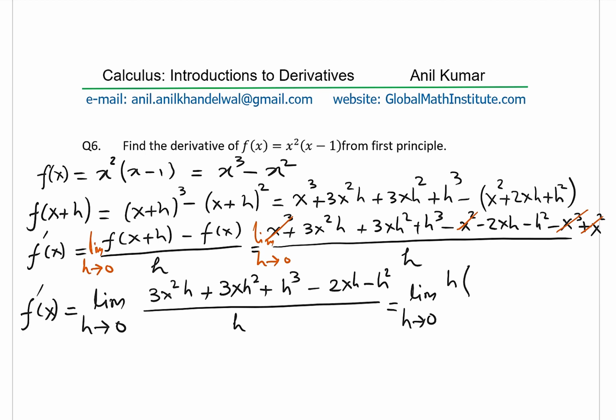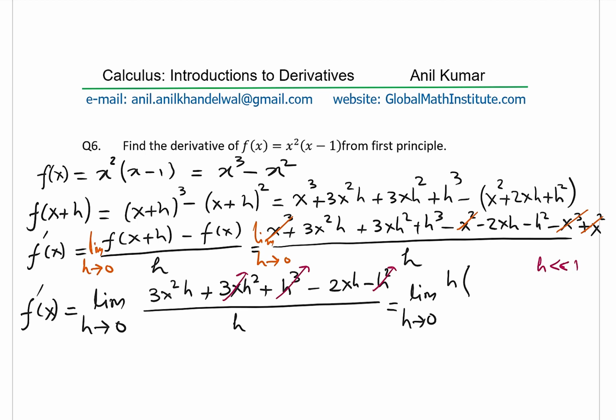H is common. And before taking that, we can neglect the terms like h cube and h square, right? These are very, very small. So the powers we can neglect, correct? What we have done here is that h is very, very small as compared to 1, and therefore we neglected these terms.